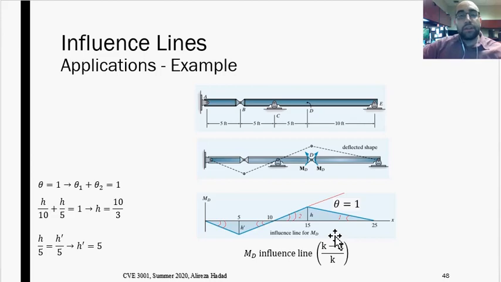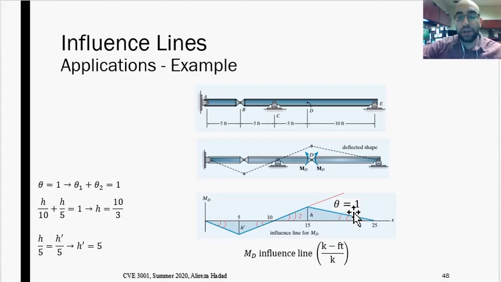We could understand the configuration, and the question is now, what are the values inside this diagram, H and H prime? For that, the important information that I need to use is the fact that this angle over here, theta, is equal to 1, because we said for using Muller-Breslau's principle, I have to remove that specific restriction and then apply a unit deformation.